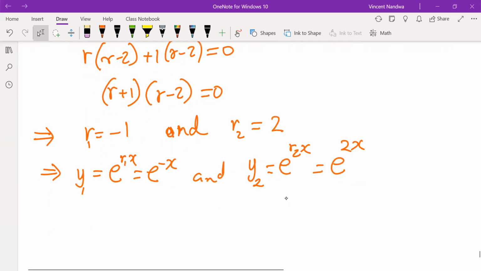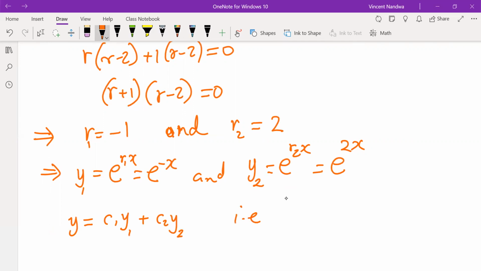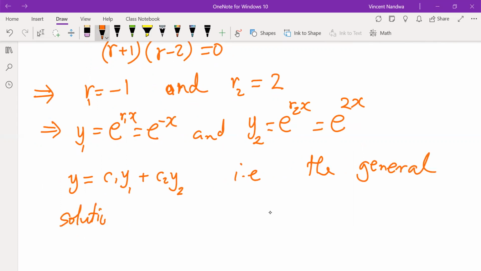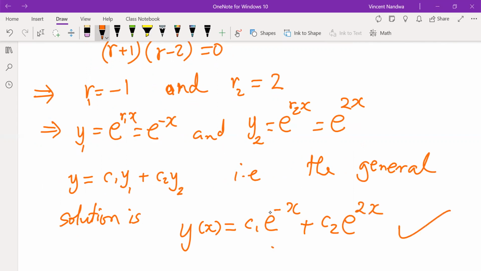Now, the general solution by superposition principle, y is given by c1 y1 plus c2 y2, i.e., y of x is given by c1 e raised power negative x plus c2 e raised power 2x. So this is the solution to that problem.